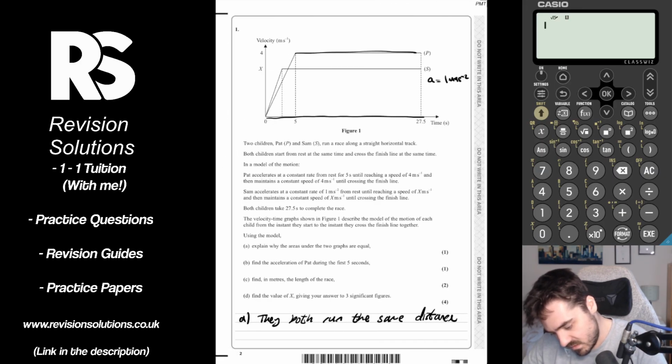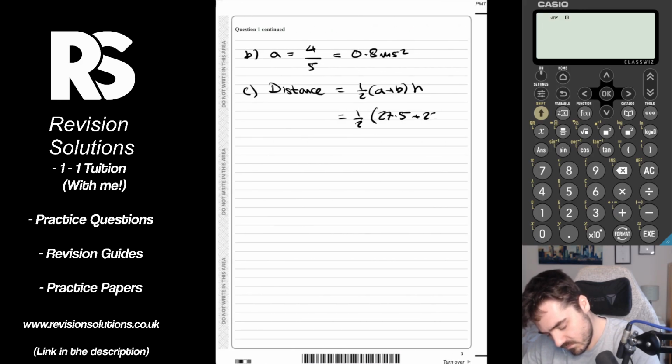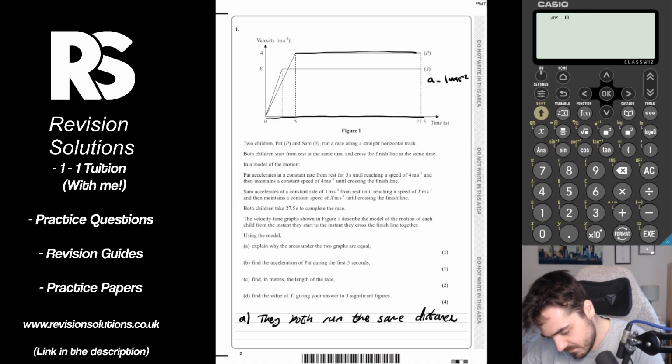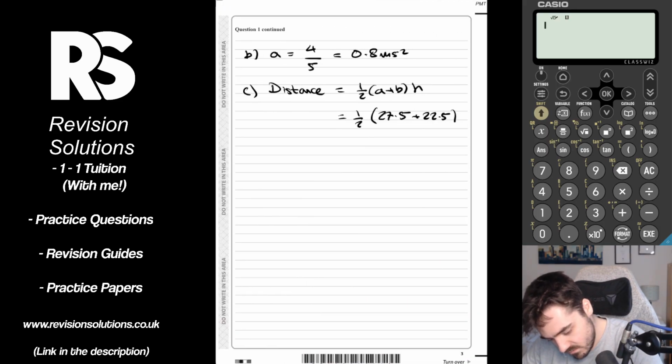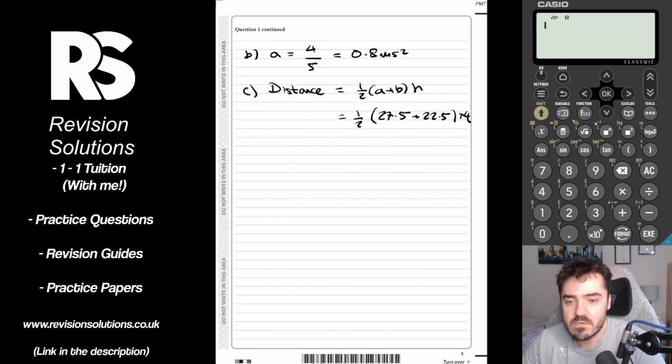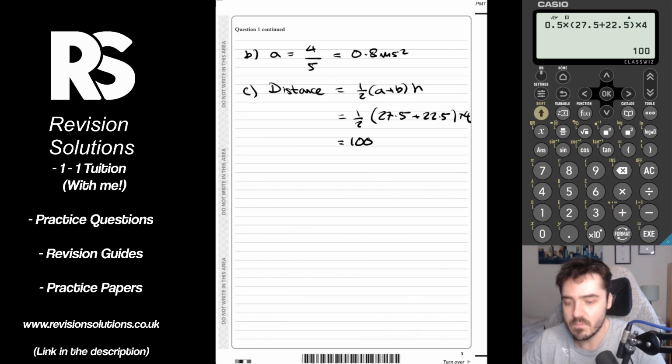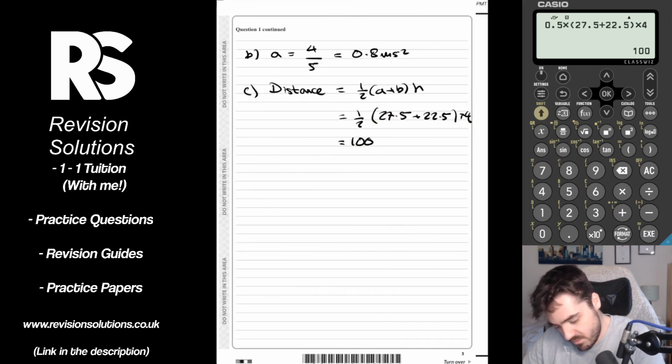The top is 27.5 minus the first 5 seconds, that's 22.5. And then the distance between them is the height of the graph, 4 meters per second. So times 4. We run that through the calculator: 0.5 times 27.5 plus 22.5, all times 4. That's equal to 100 meters.